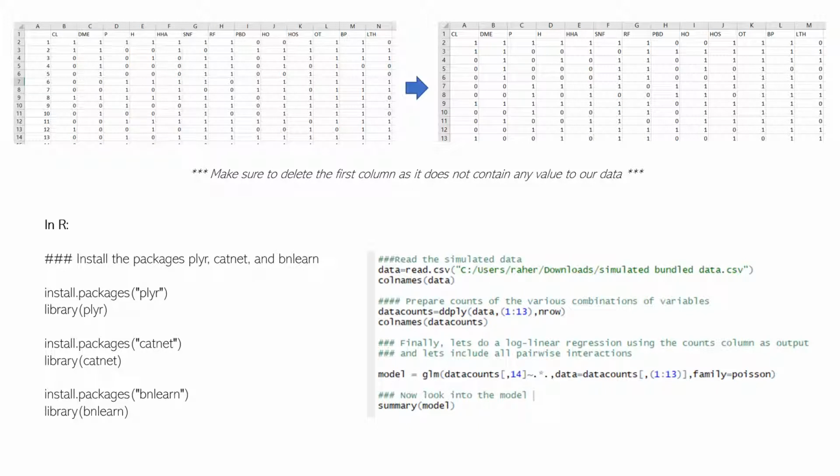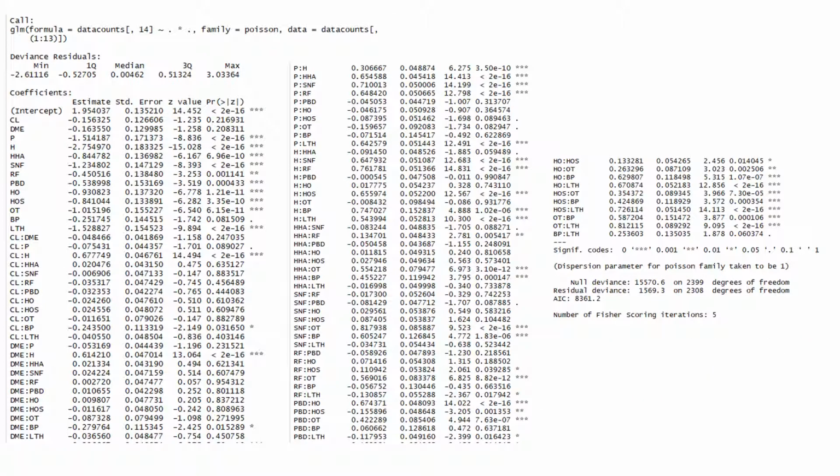Finally, a log linear regression using the counts, which as said earlier is the V1 column, as an output. And we can include all pairwise interactions between them. And the result is shown here. We can use this finding and compare it with our network model from the previous slides. So the ones that are statistically significant in this case, do they match our network model?